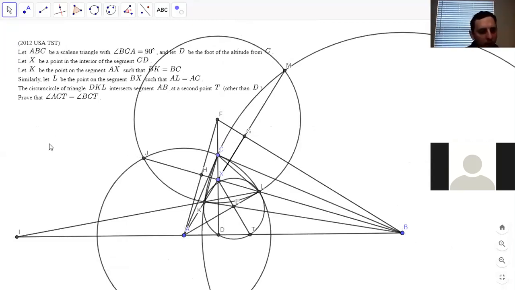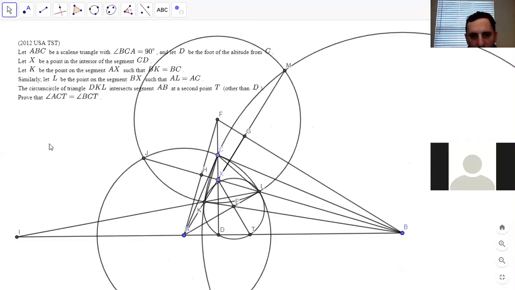So we define L as AL equal to AC. So AC squared is AD times AB. That will be AH times AF. Yes.